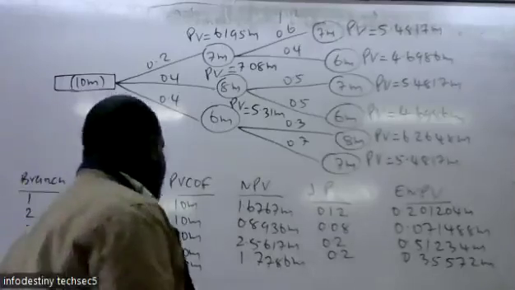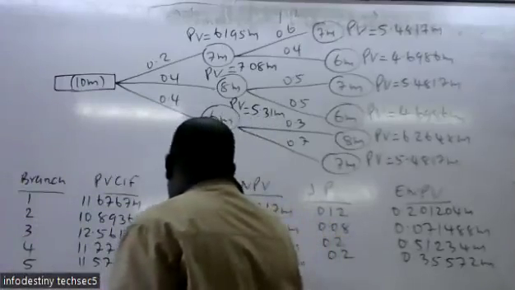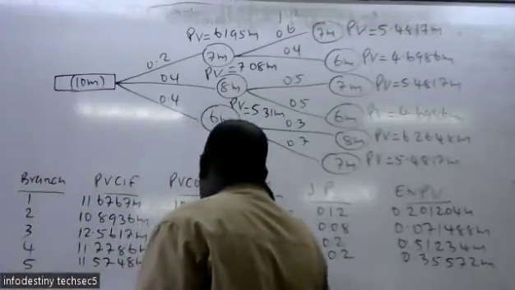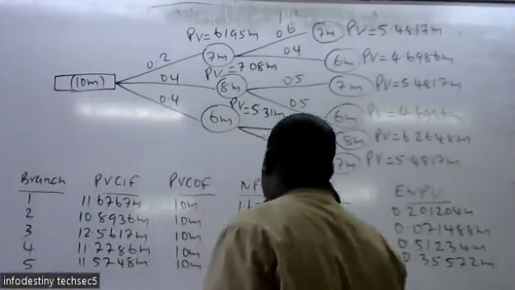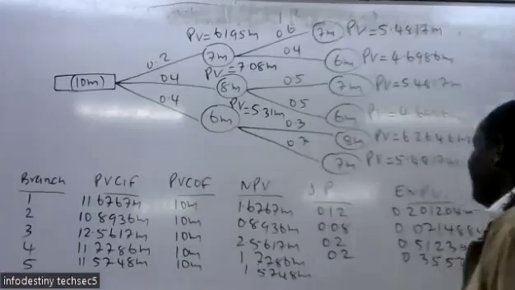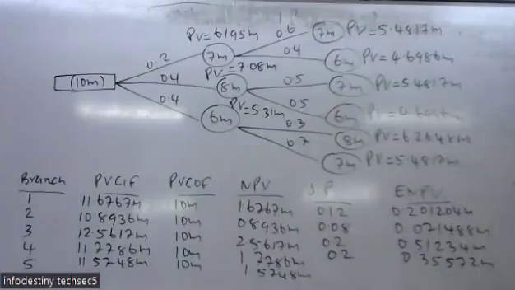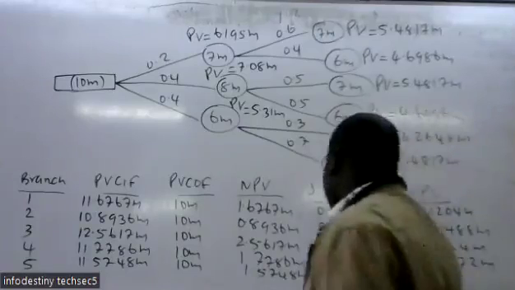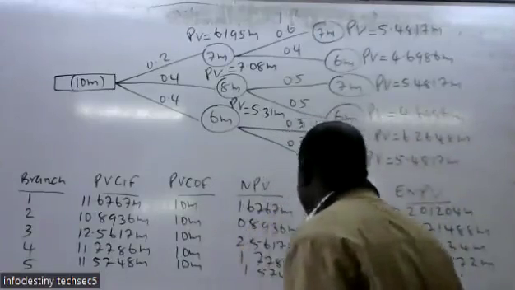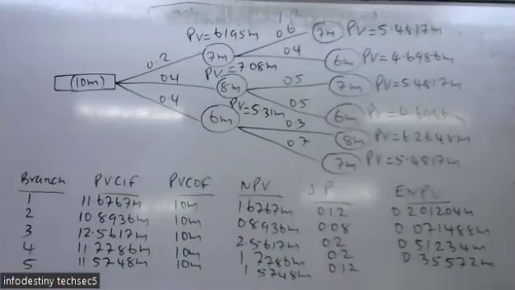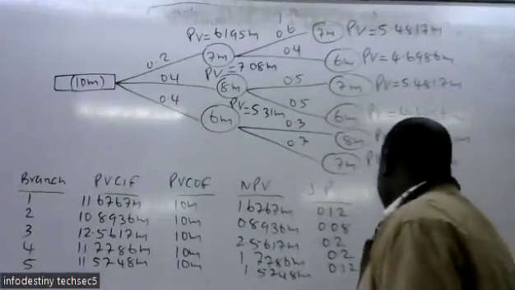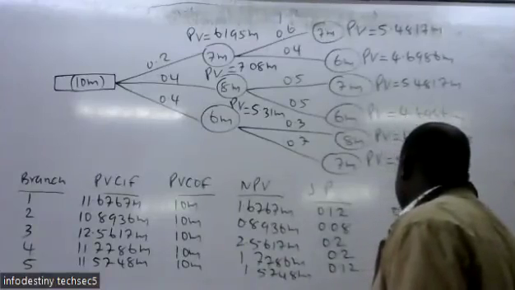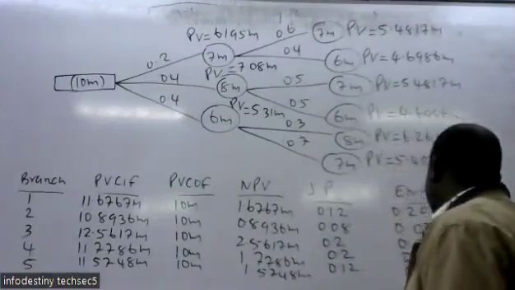When we subtract, it is 1.5748. So joint probability 0.4 multiplied by 0.3, which is 0.12. Then when you multiply 1.5748 by 0.12, it is 0.188976.